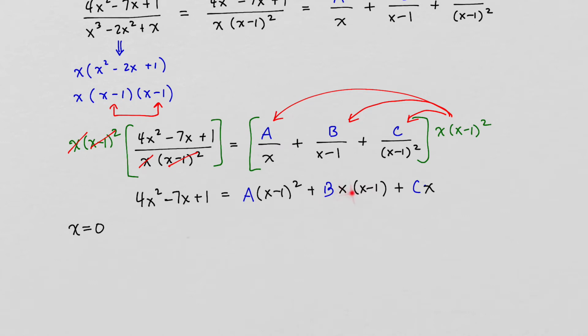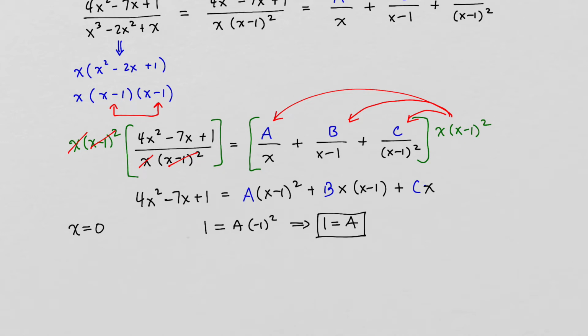So when you plug in 0 here, these cancel out. When I plug in 0 on the left-hand side, I just get 1. And when I plug in 0 here, I get a times negative 1 squared. And so this says that 1 is equal to a. So we've solved for a.